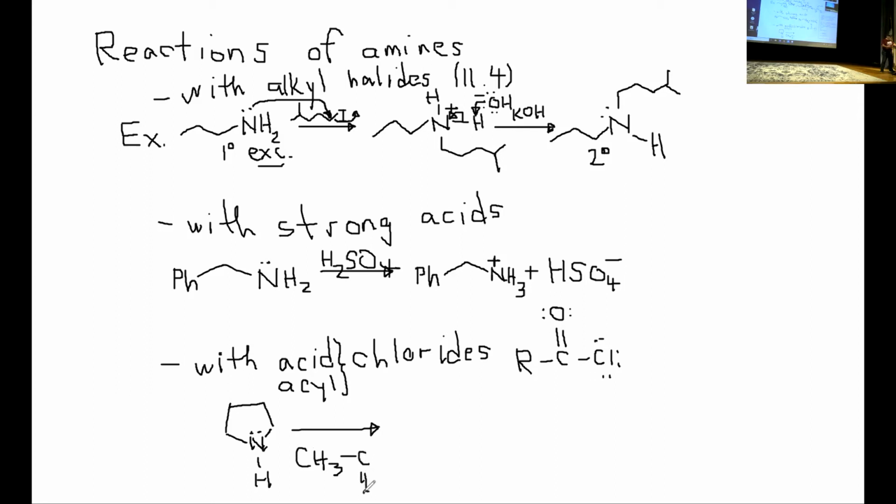So methyl group, chlorine over here. All you need to know is it's the exact same type of idea as with alkyl halides. Remember how we said you look at what's attached to the halogen and you stick that on the nitrogen? Same thing here. You look at what's attached to the chlorine. And I will say, by the way, I think in general you'll find this is always chlorine.